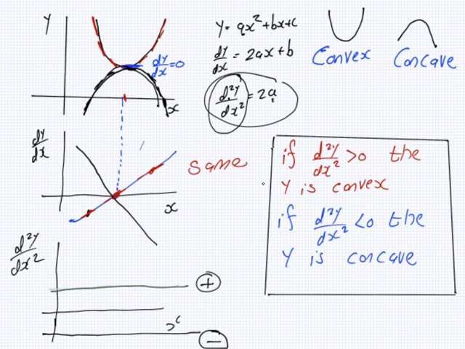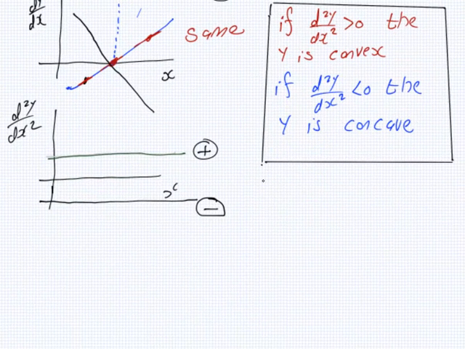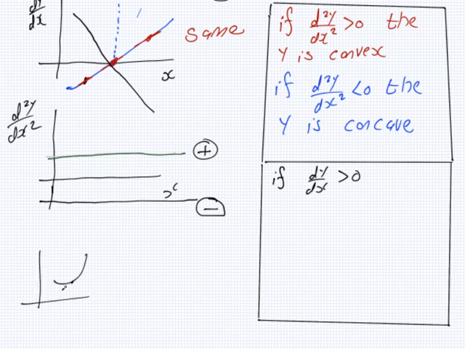Can I scroll down a bit? Yes. Now, I didn't say it last time because it's something that we already know, but since we're putting results down, we might as well put this down as well. If the derivative is positive, that means the slope of the tangent is positive, like this.